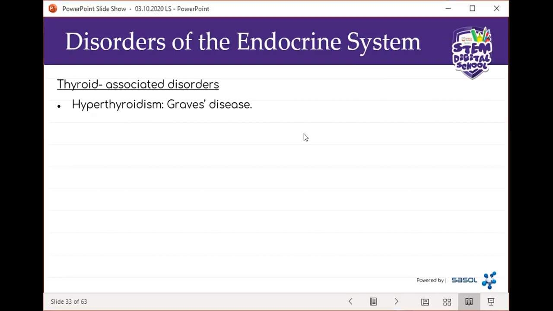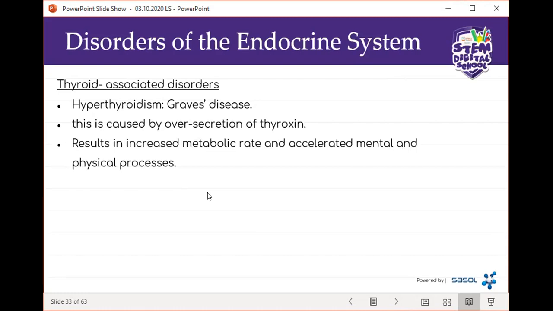It is caused by over secretion of thyroxine, which is why we call it hyperthyroidism. Remember, hyper means a lot. The over secretion of thyroxine results in increased metabolic rate as well as accelerated mental and physical processes.